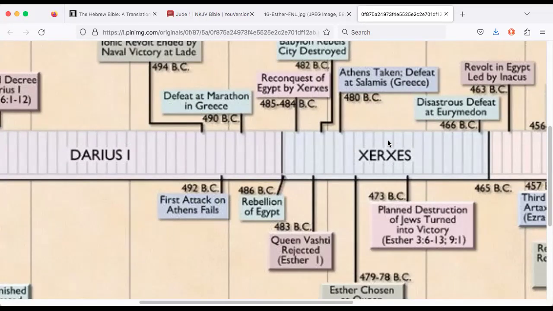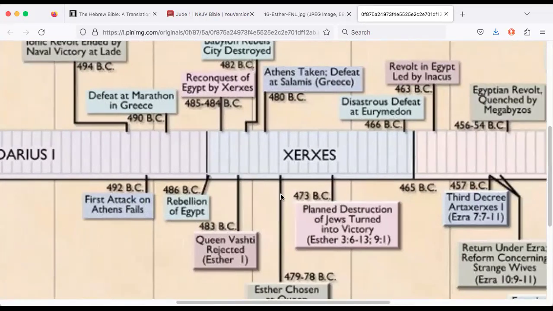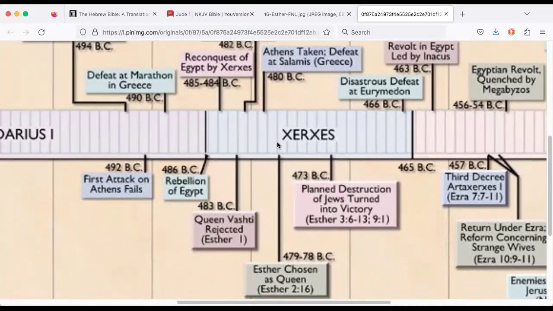That story about Thermopylae, where Xerxes loses to the Spartans, and Thermopylae is in 480 BC, which is right here. And then you have Esther chosen in the next year, or 1 or 2 years right after that. So Xerxes has just suffered that defeat not that long before Esther is chosen, and where this story takes place.